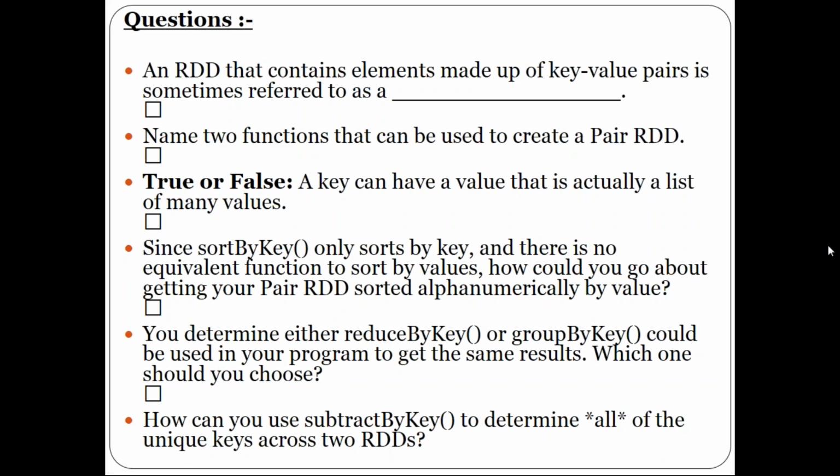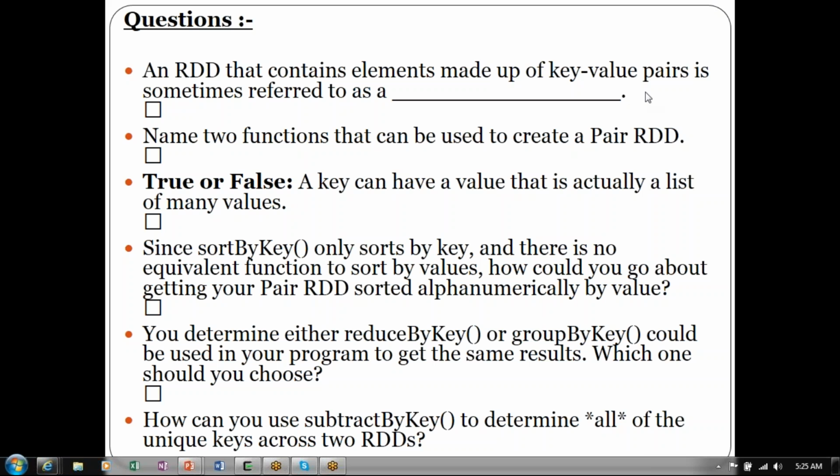An RDD that contains elements made up of key value pairs is sometimes referred to as dash. It's paired RDD.